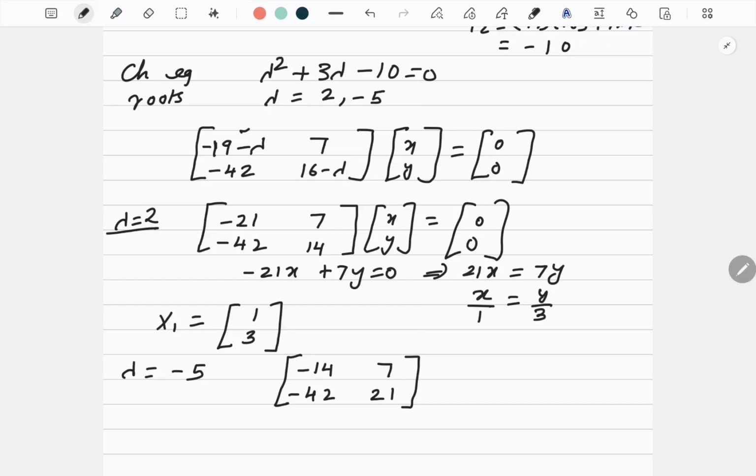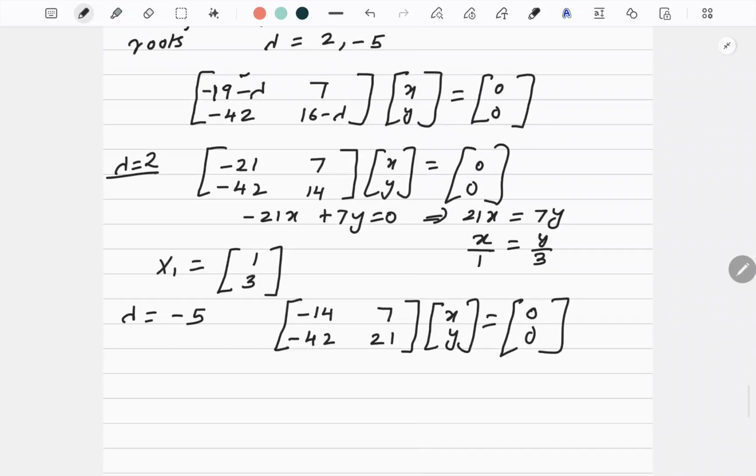Correct? Then x comma y is equal to 0, 0. Right? So now see, here also it is the same. 7 3s are 21 and 14 3s are 42. Correct? So it's correct now.